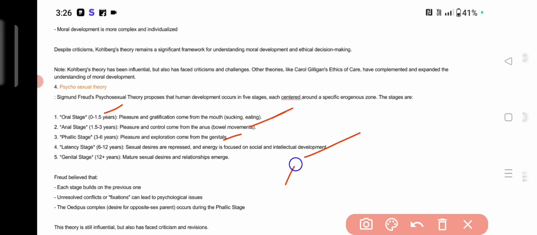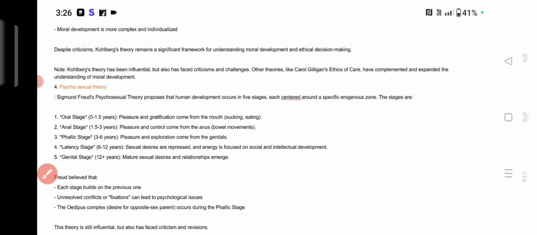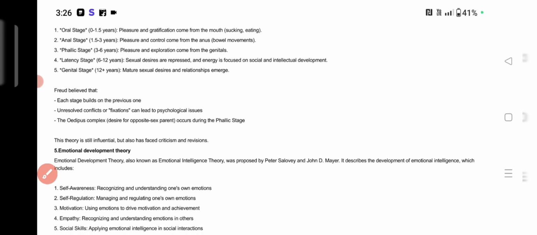In this theory Freud believed that each stage builds on the previous one, and unresolved conflicts or fixation can lead to psychological issues. And the Oedipus complex, that means desire for the opposite sex parent, occurs only during the phallic stage, and this theory is still influential but also has faced many criticisms and revisions.